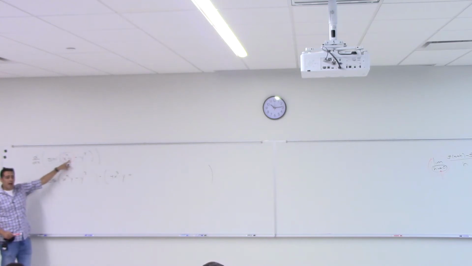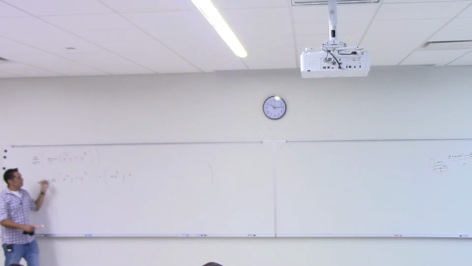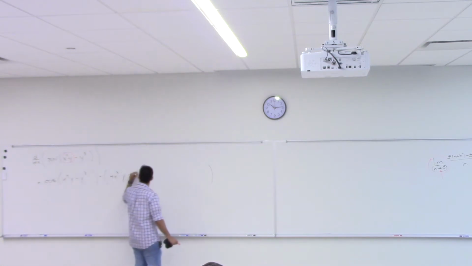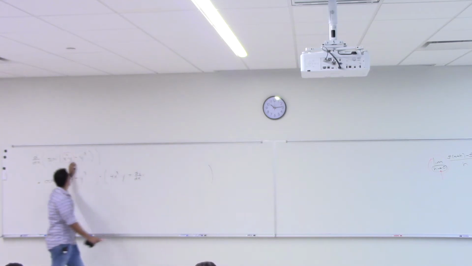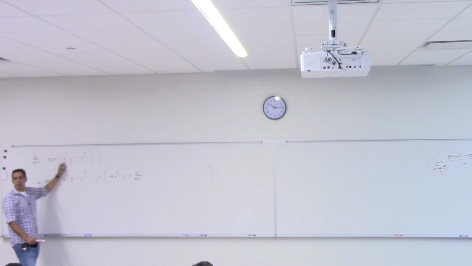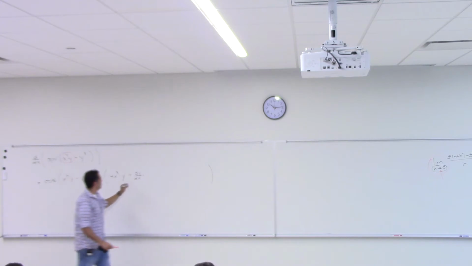What's the derivative of y with respect to x? dy dx. Not 1, right? dy dx. Times, so that was the derivative of the second one, right? Now times the first one, x to the fourth.